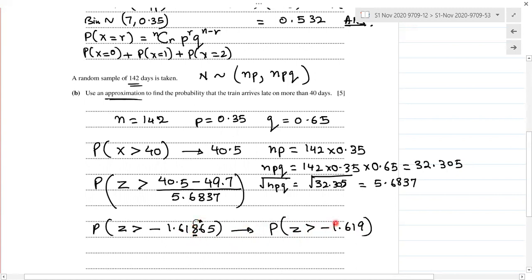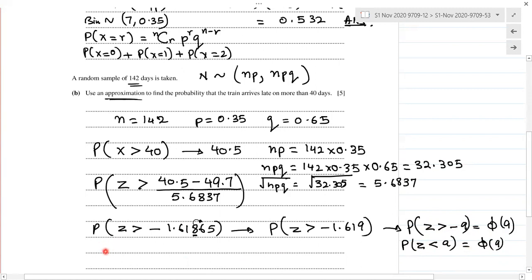Now, a greater than sign with a negative value, we go back and look at the rules. Z is greater than negative A is just going to give us phi of A, because Z greater than negative A becomes Z less than A, which is just phi of A.